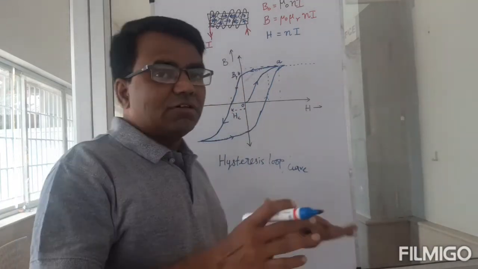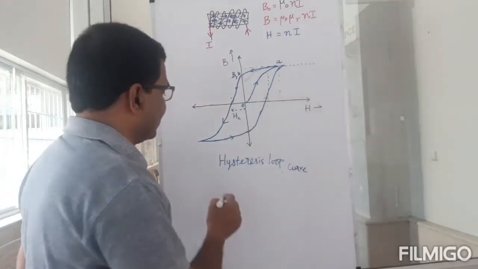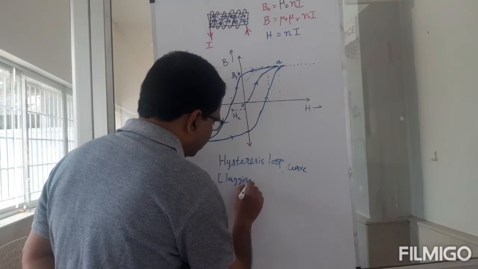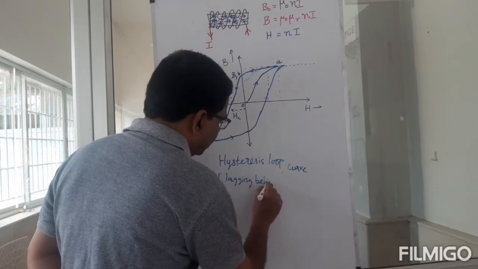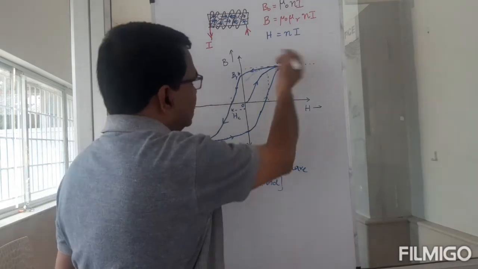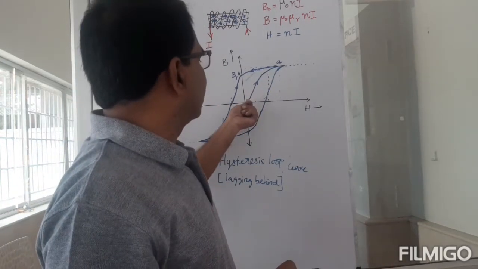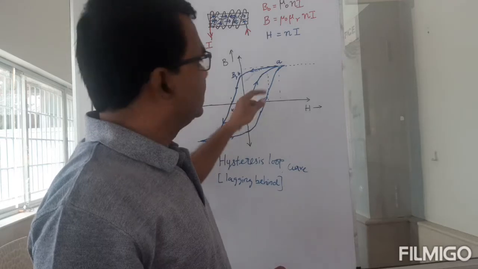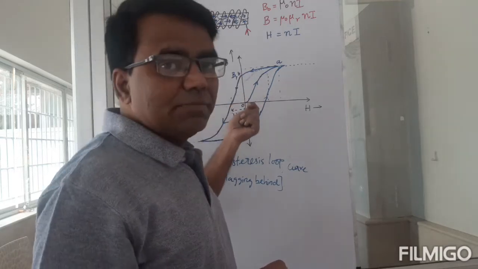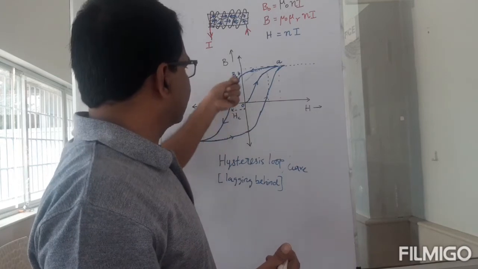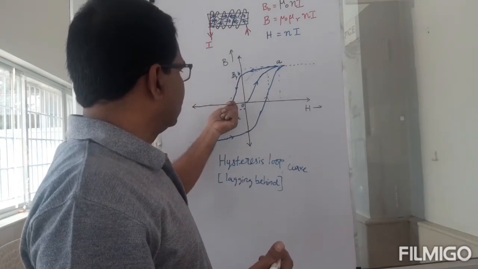Hysteresis does not mean history; it means lagging behind. Clearly, you lag behind, because you don't become zero when I is zero, because the magnetic field lags behind the current. As the current proceeds more in this direction, finally it becomes zero.